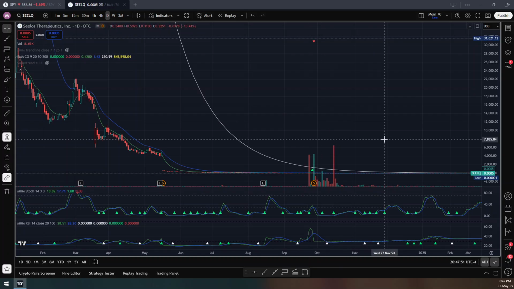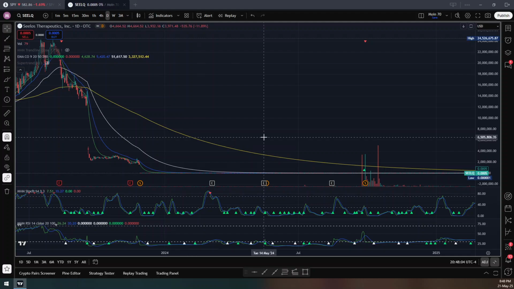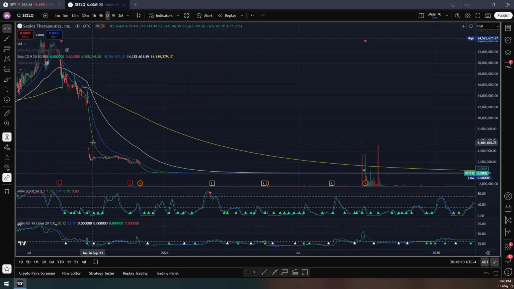It is valued at $222. Look at the price now: 0.005. And look how many times this thing reverse split. I started trading in February 2021, and this was one of the very first stocks that I bought.